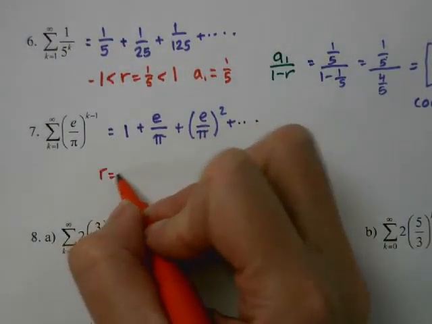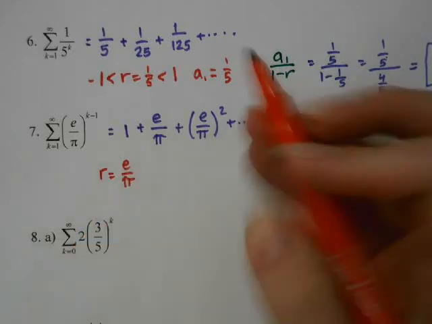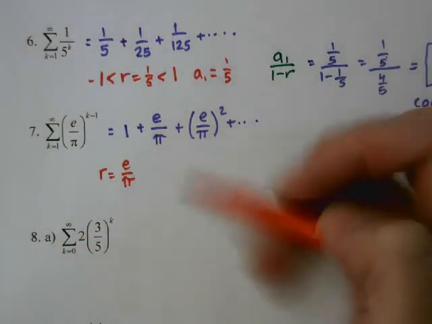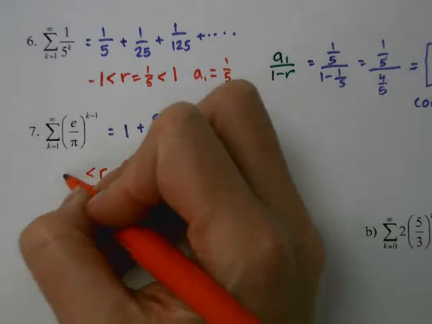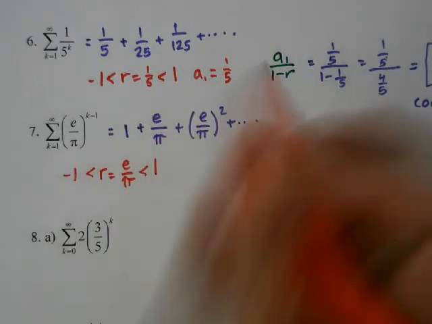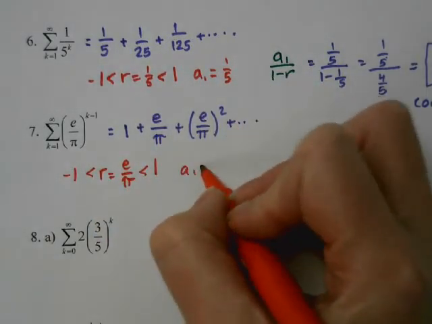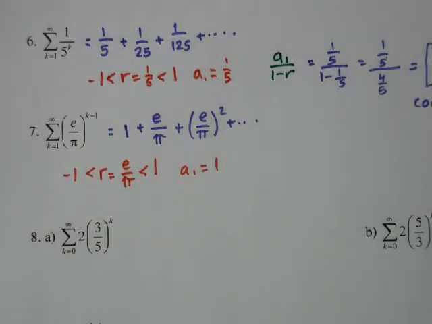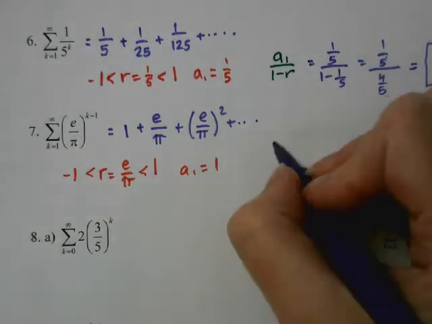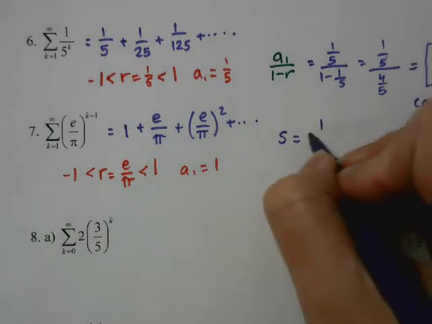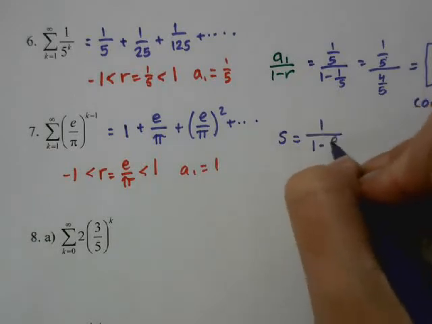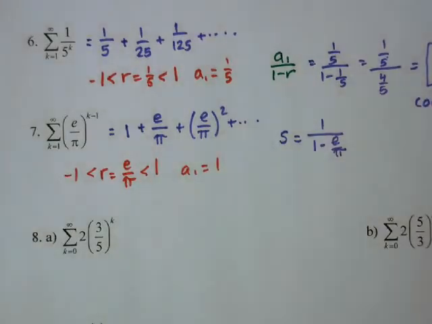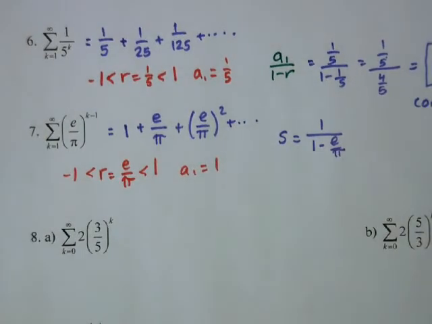So is that between -1 and 1? Yeah, e is about 2.718, pi is 3.14. So that works. My a1 is 1. So the sum is going to be 1 over 1 minus e over pi, which can simplify. You can get a common denominator and everything, or just leave it like that.